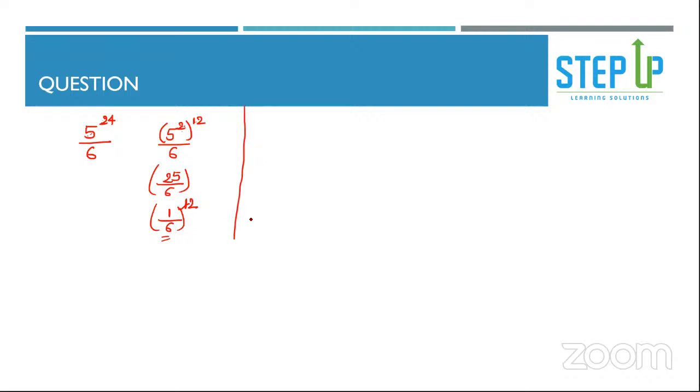Another one. Had it been given 5 to the power 23 by 6, I can write it as 5 to the power 22 into 5 to the power 1 by 6. 5 to the power 22 could be written as 5 square 11 by 6. I hope you are understanding.